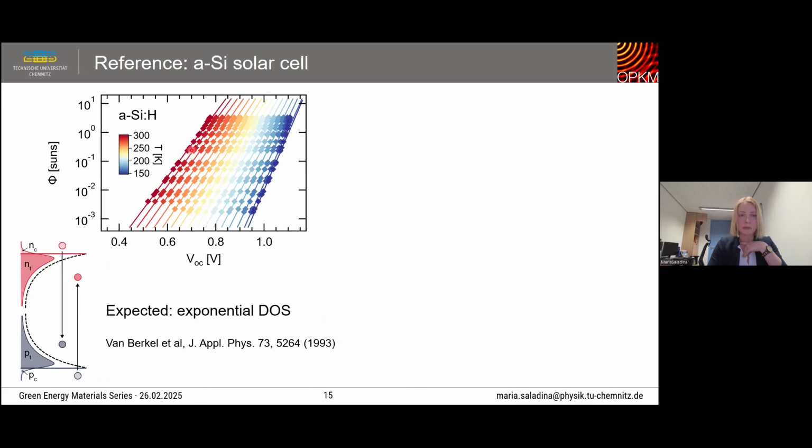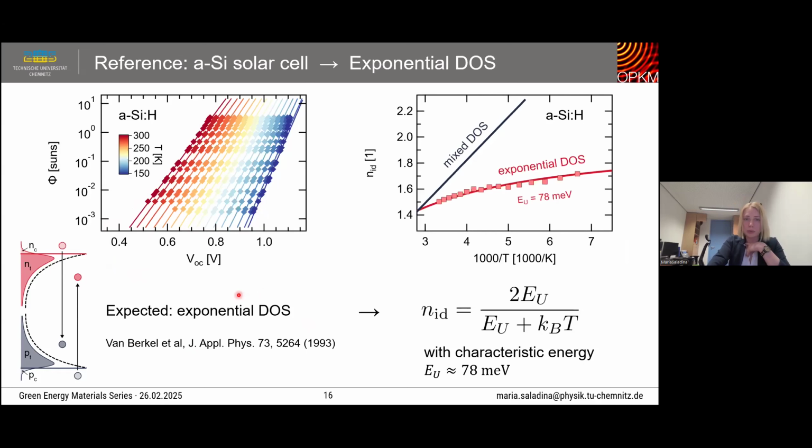And here we can fit the data at each temperature with a single slope over 2 orders of magnitude. As I mentioned, we are expecting an exponential density of states, and when we plot our ideality factors versus temperature, indeed, it follows the exponential density of states pretty nicely.